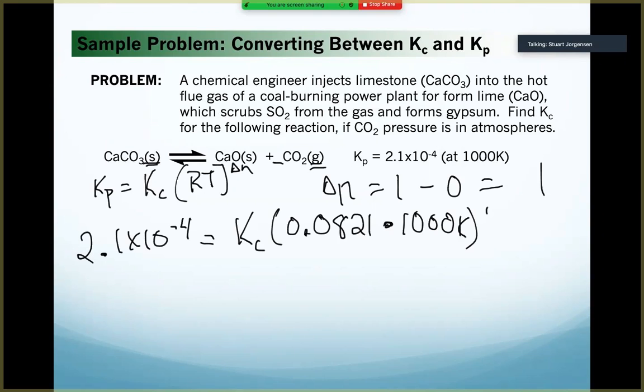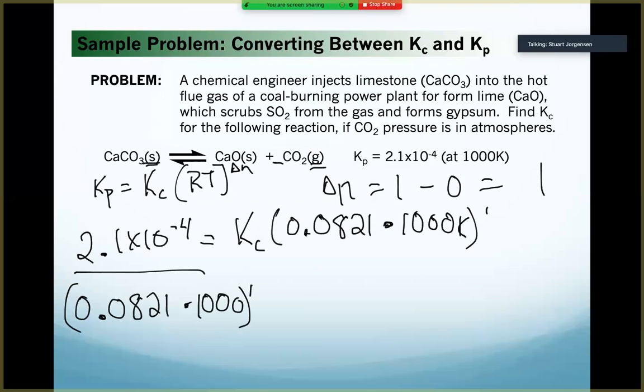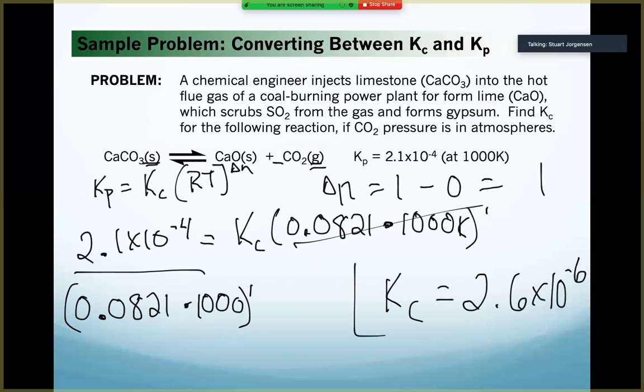So to solve for Kc, we divide over that right-hand side: 0.0821 times 1,000, all raised to the first power, which is just that value. Plug that into your calculator. I think you should get 2.6 times 10 to the negative 6th for your Kc, if you were to measure in concentration as opposed to pressure.